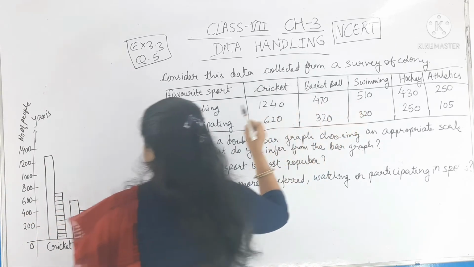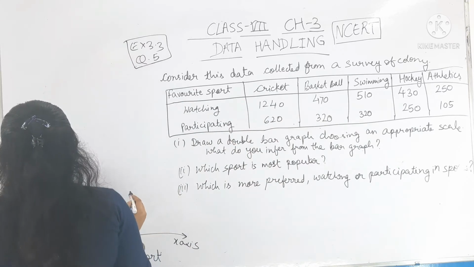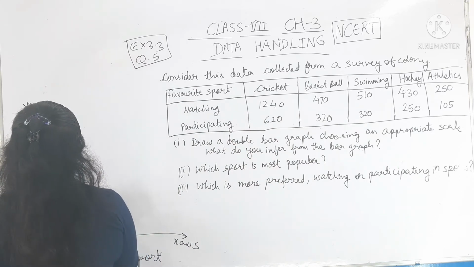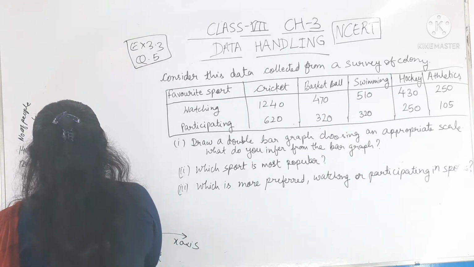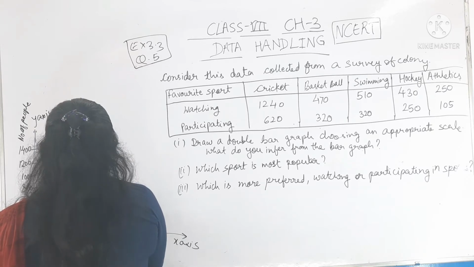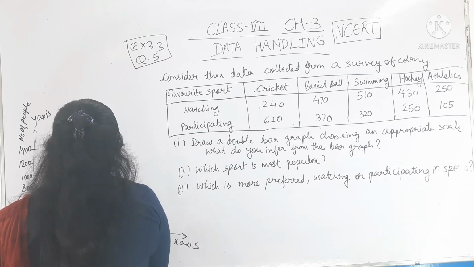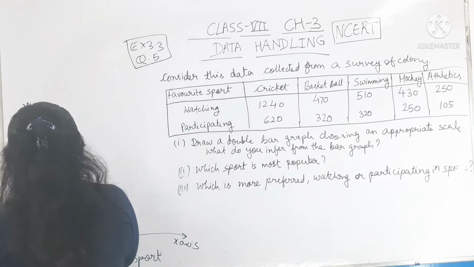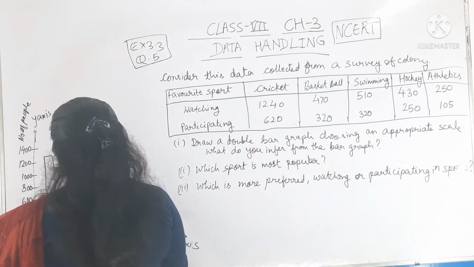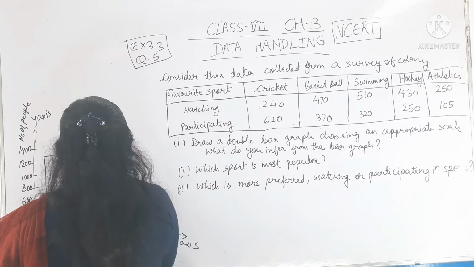Then for swimming it is 510, somewhere between 400 and 600. This is 510, and 320 the same, between 200 and 400. This is for swimming. Then hockey 430, somewhere above 400.